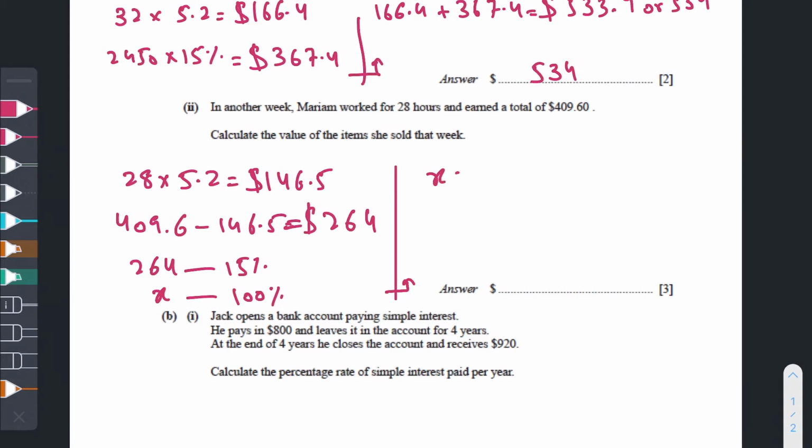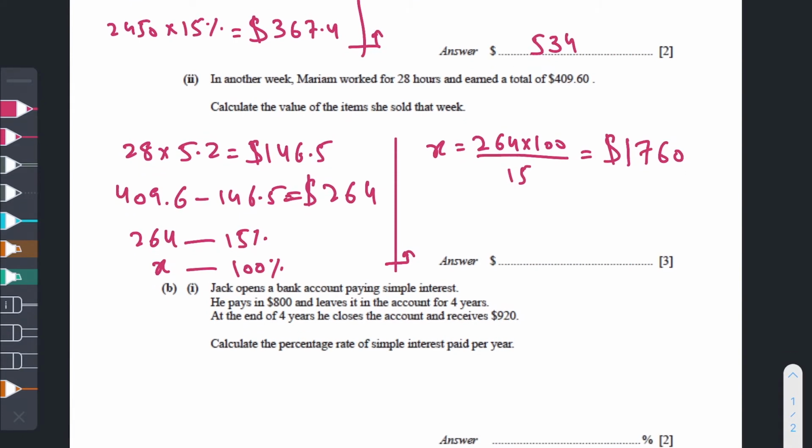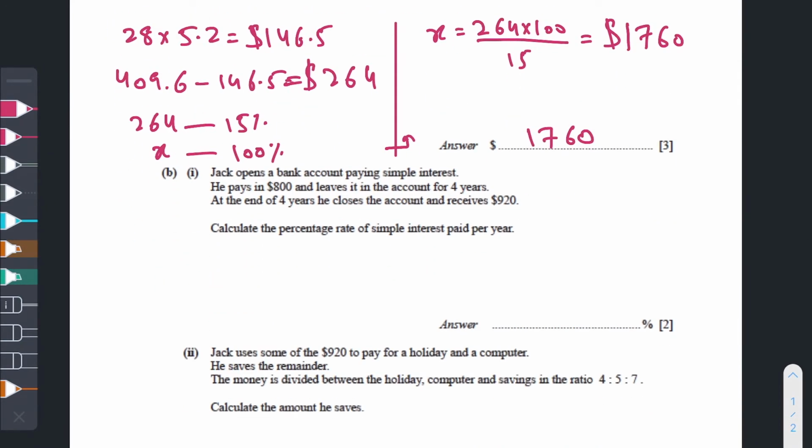So you do x is equal to 264 times 100 divided by 15. When you multiply these two and divide by 15, you get $1760. So the total amount of items she sold that week are worth $1,760.